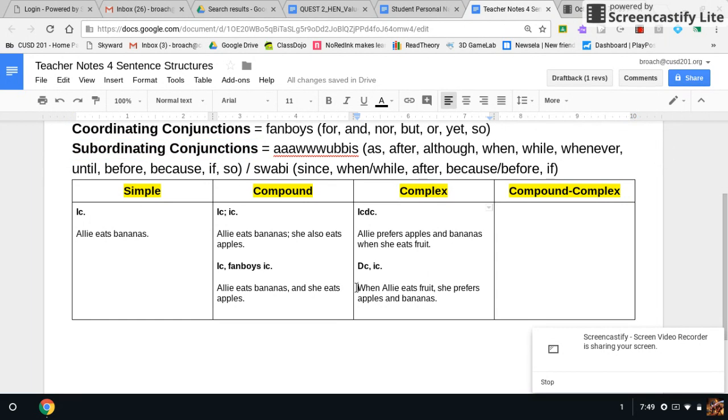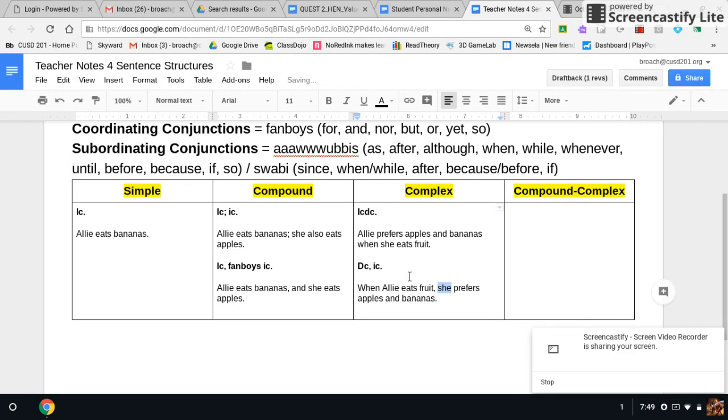So the trick is to identify the subject of the sentence. In this case, yes, it's about Allie, but the subject is technically the pronoun she, referring to Allie. Because who is the one who prefers apples and bananas? She is. So she is the pronoun subject.